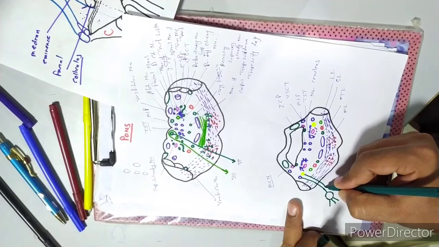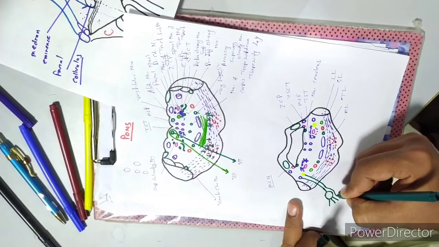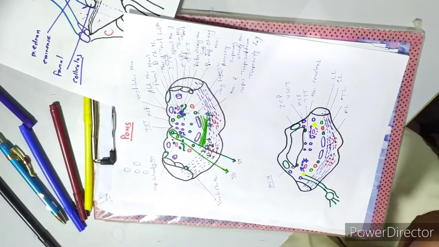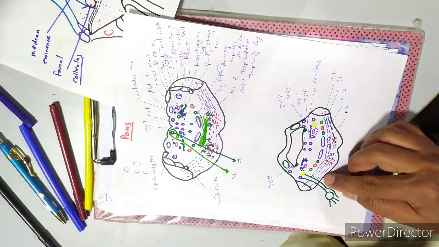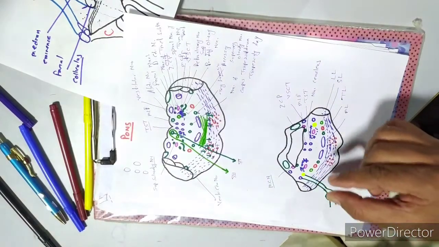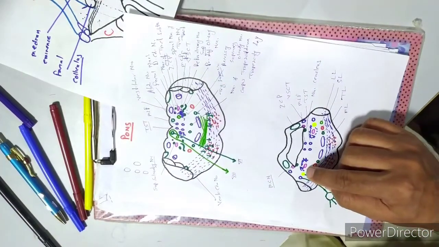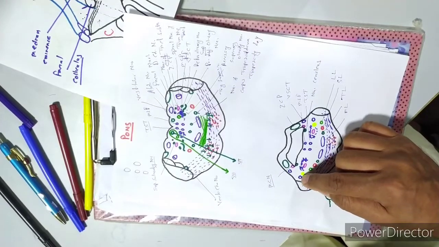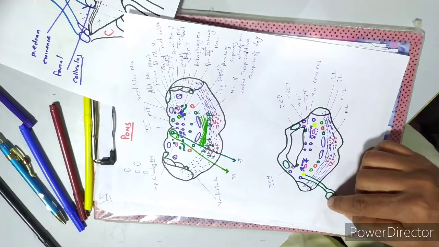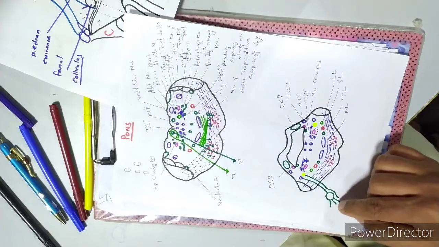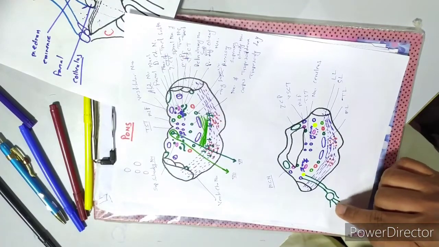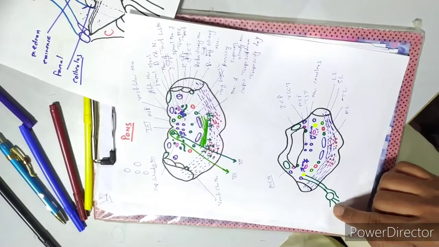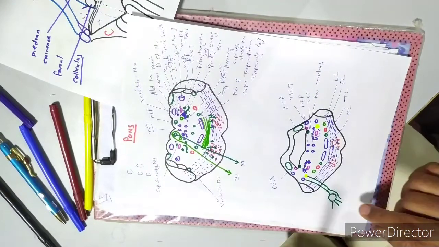And this is the motor nerve. In the pons, the trigeminal nerve has two roots: the medial small motor root and the lateral large sensory root. Through the sensory root it attaches to the trigeminal ganglion, and from the trigeminal ganglion the three divisions come out: the ophthalmic, maxillary, and mandibular.